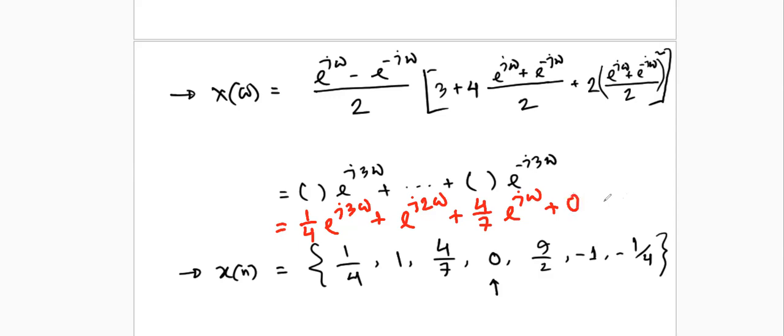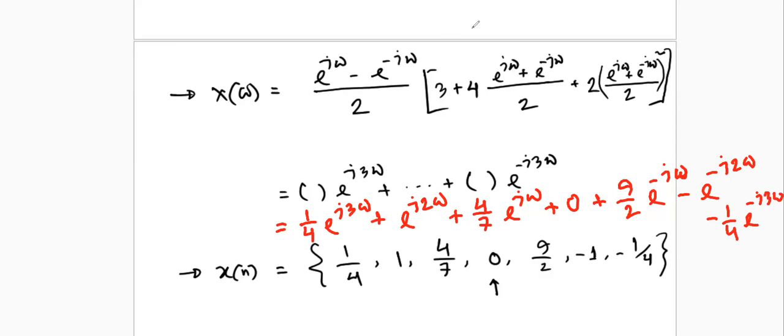Then 9/2 e to the power minus j omega, minus e to the power minus j twice omega, minus 1/4 e to the power minus j3 omega.